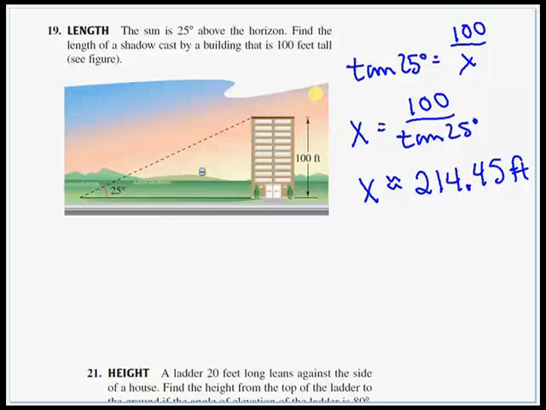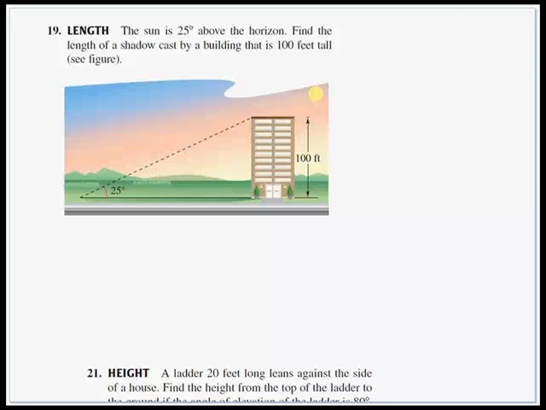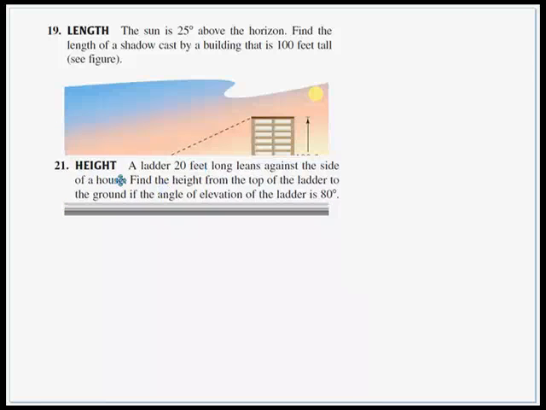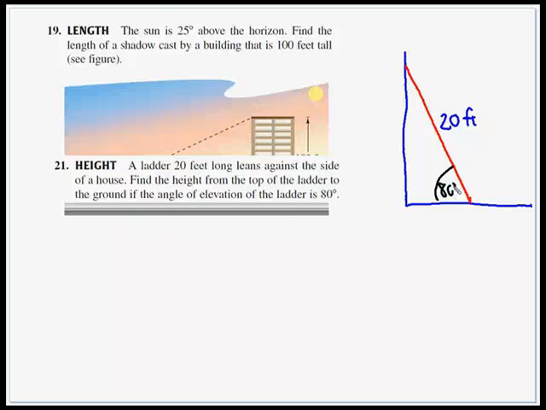In the second problem, we're going to have to draw a little picture to go with it. Here's our building, and we have a ladder leaning against the wall. A 20-foot ladder. Well, that means this is 20 feet. It leans against the side of a house. Find the height of the top of the ladder from the ground if the angle is 80 degrees. So here's our 80-degree angle. We want to know how high up the building we're reaching. We'll call that x.